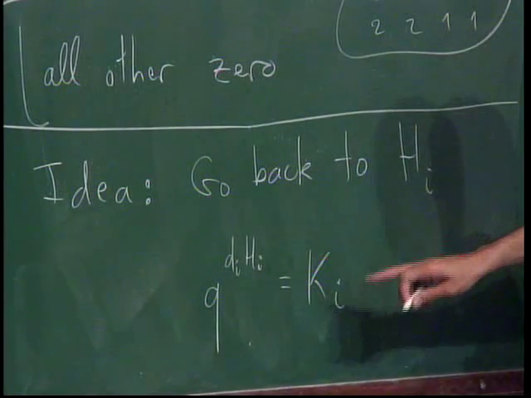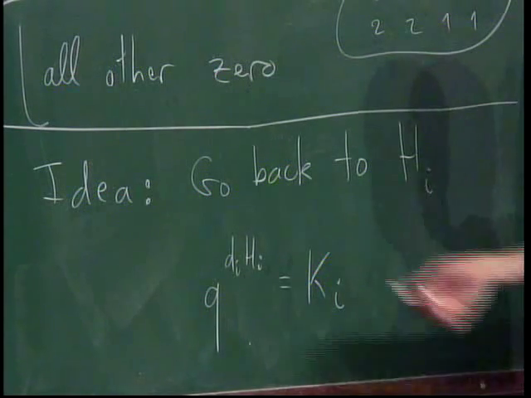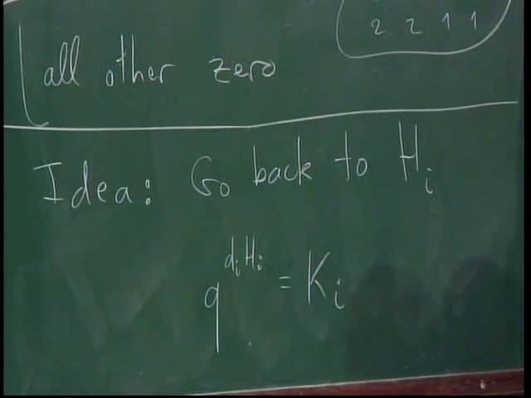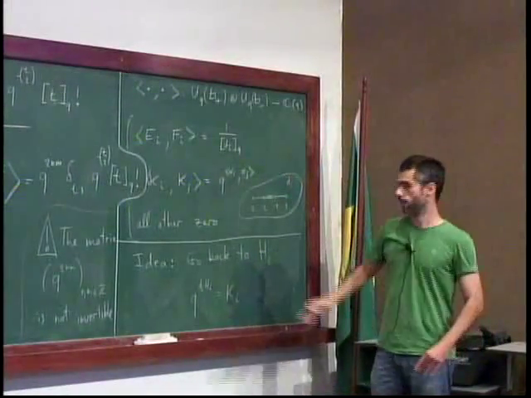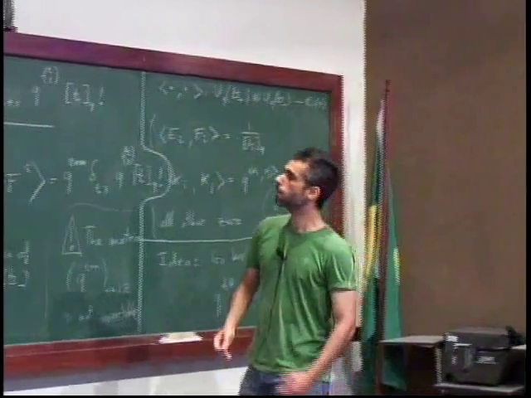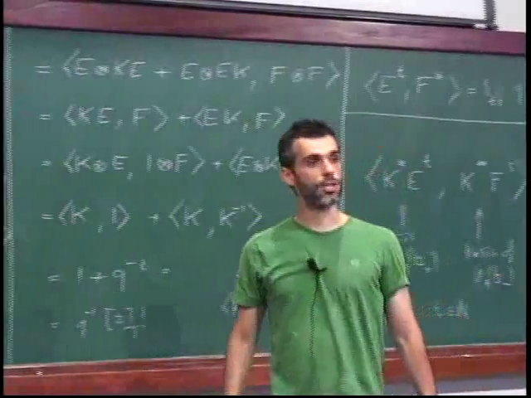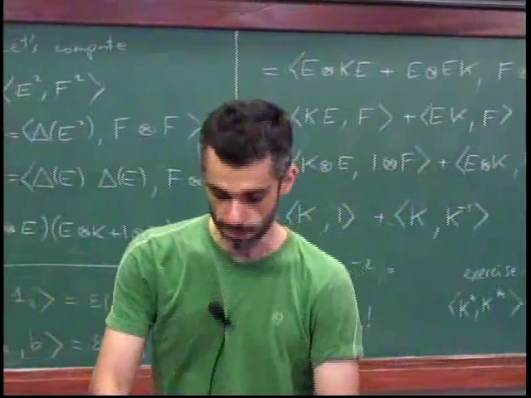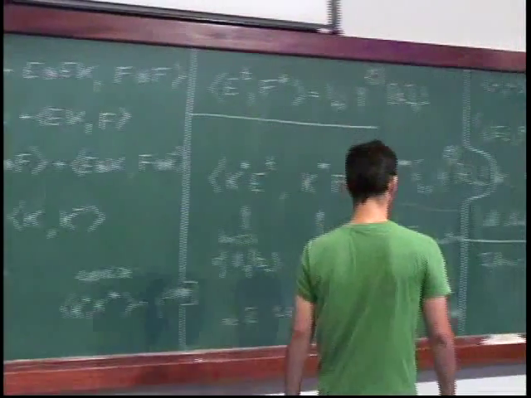Remember when I was talking about these as being functions on the weight lattice. So these were just functions, and they're related by that equation. They don't really live in the algebra we care about, but let's not worry about that. Let's just try to compute this expression where we put h's instead of k's and see what we get. See if it's at all possible to get something that makes sense.